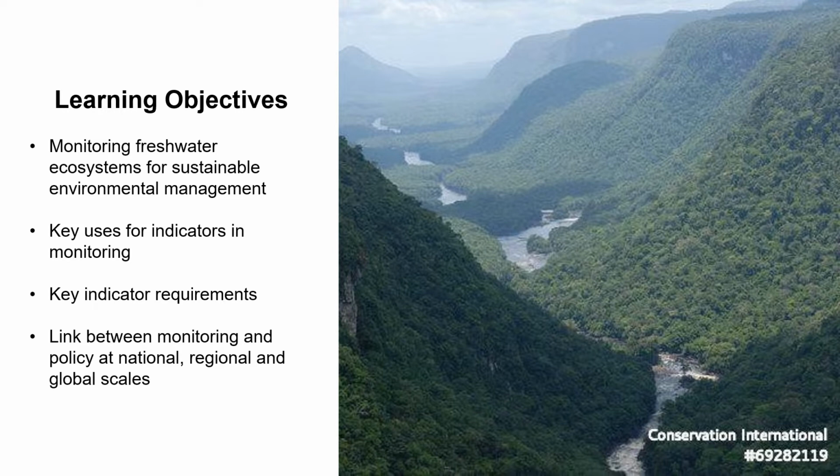The call by national, regional, and global policies for the development of indicators is an important positive development towards the sustainable management of aquatic ecosystems. In the next slide, we start with a global perspective on a major ecosystem stressor, nutrient pollution.